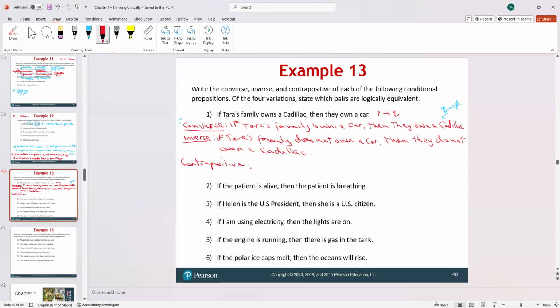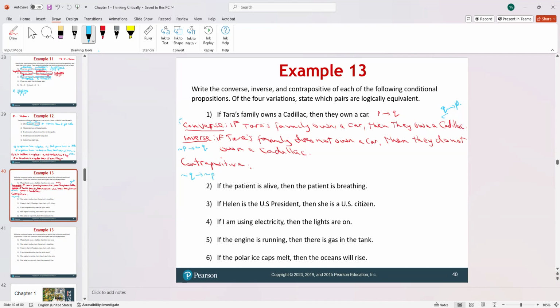Remember, the contrapositive is if not Q, then not P. This one here is not P, then not Q. Here would be not Q, then not P.